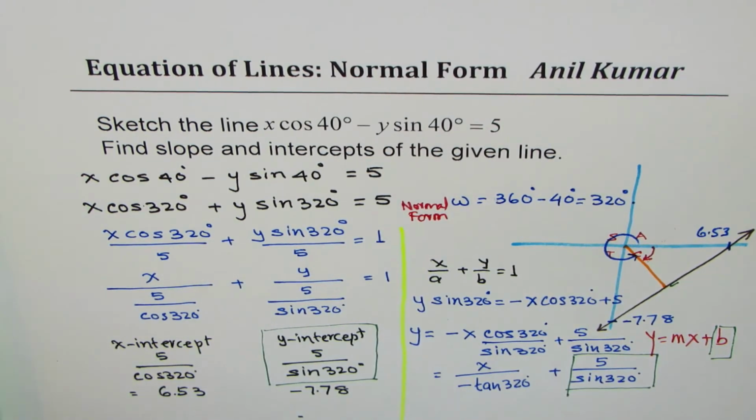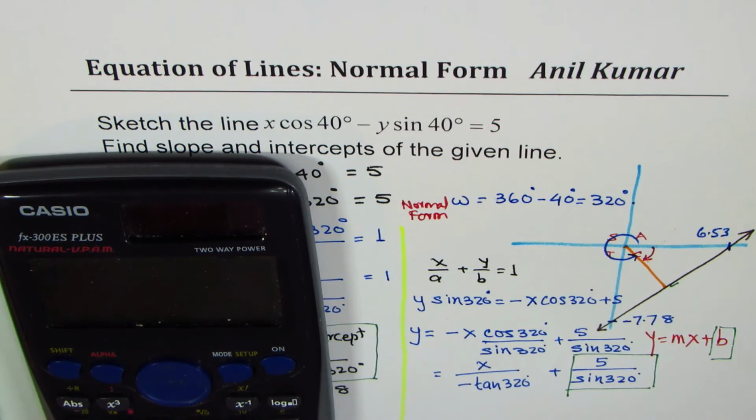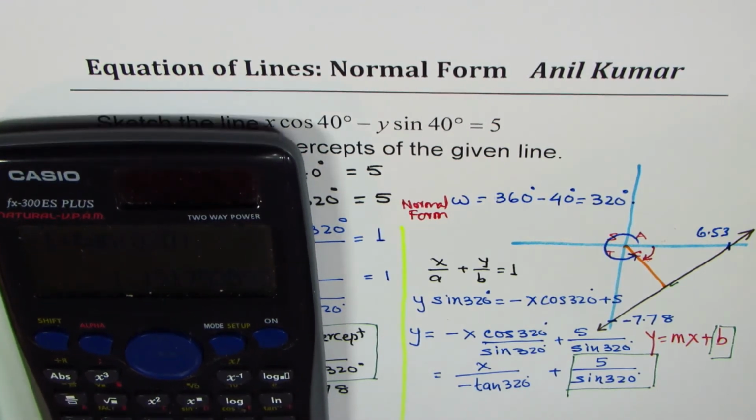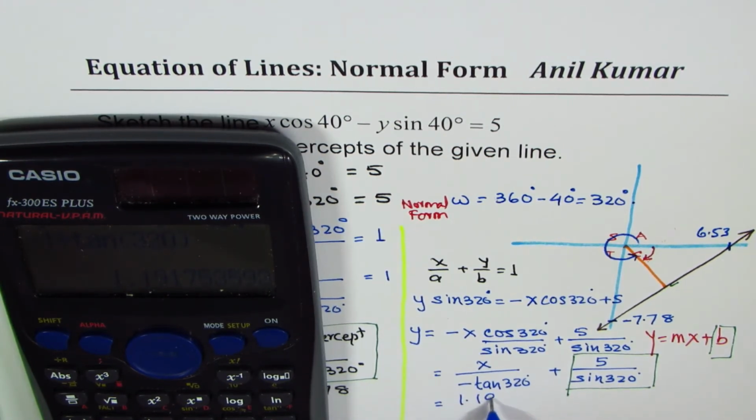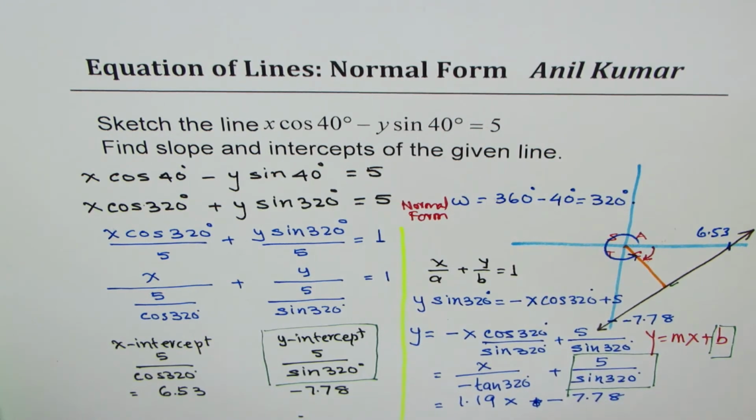So now let's also calculate the slope. The slope is minus 1 over tan 320, which is minus 1 divided by tan 320 degrees, which is equal to 1.19, rounding to 2 decimal places. So y equals 1.19x plus, as we have already calculated, minus 7.78. Do you see that?